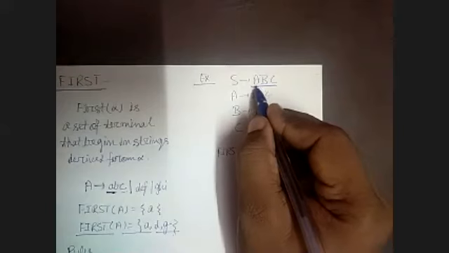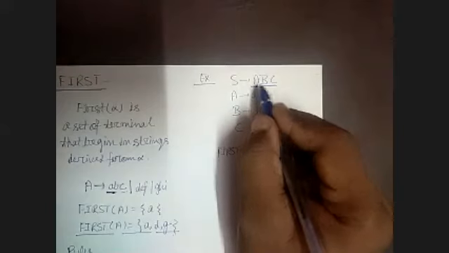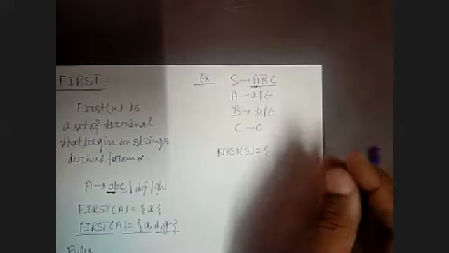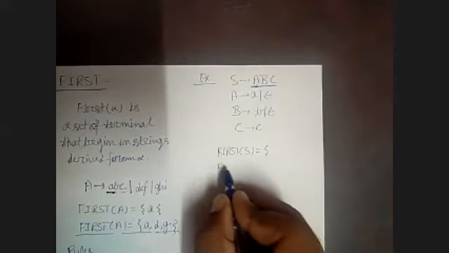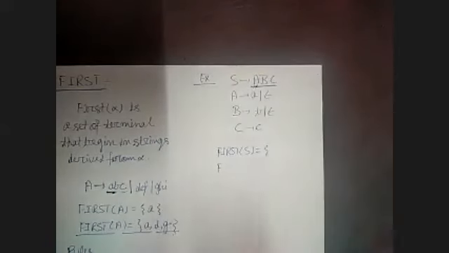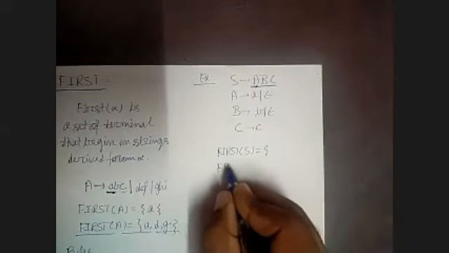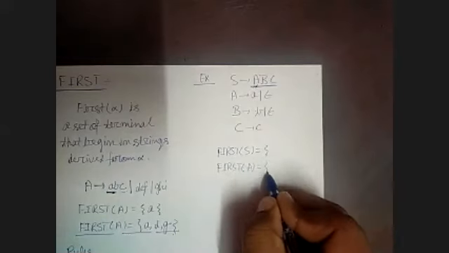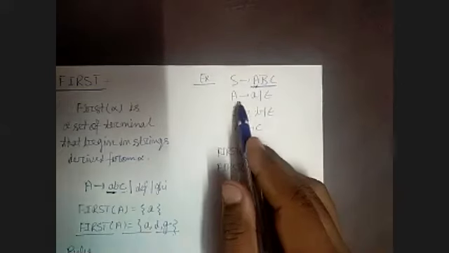So we cannot write the first of S in the beginning, because in the S production the first symbol is a non-terminal. So we find that non-terminal's first, first of A.